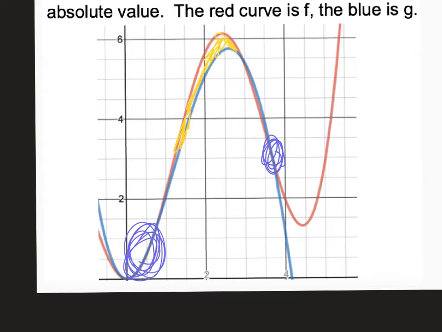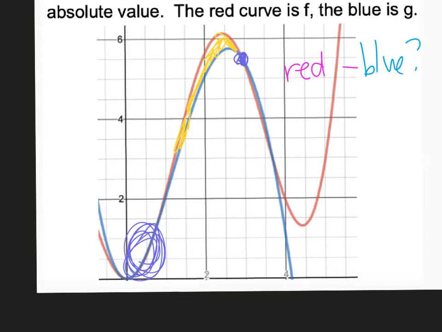Ooh, I missed an intersection point as I was coloring. So let's talk about not that intersection point, but this one. So if I wanted to find that yellow area, wouldn't I do the red curve, which I'll do in pink, and then subtract the blue curve?